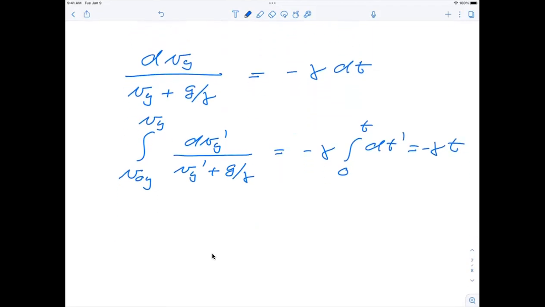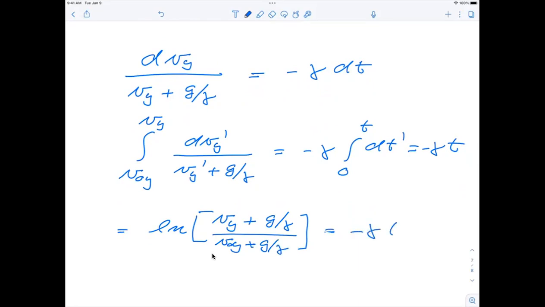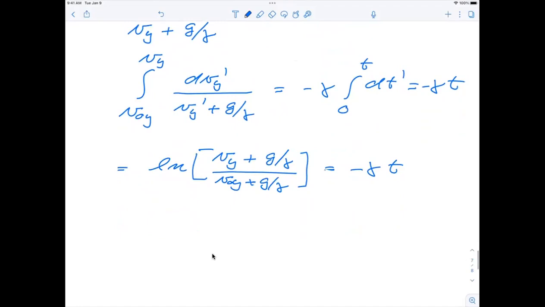Now, the function you get when you integrate with respect to the velocities is again going to be a logarithm. So what you have here is simply ln of v_y plus g divided by gamma, divided by v0y plus g divided by gamma, and this is equal to minus gamma times t. And then I exponentiate both sides.